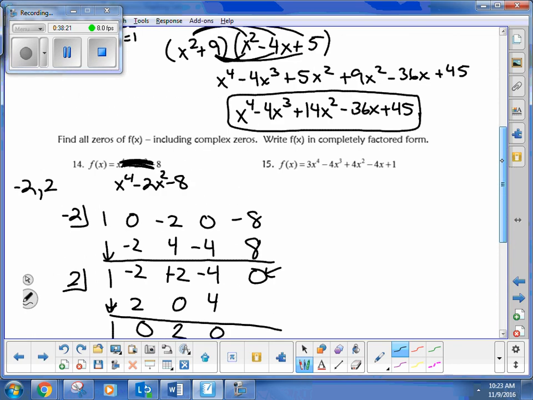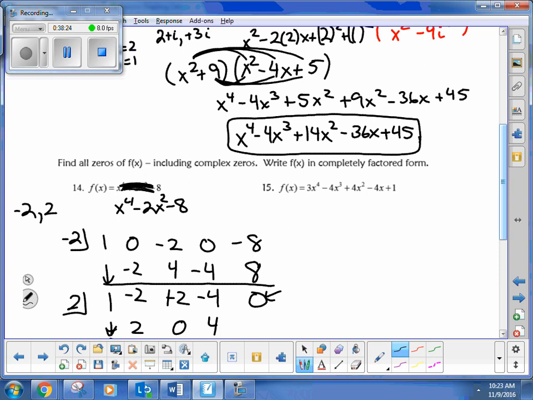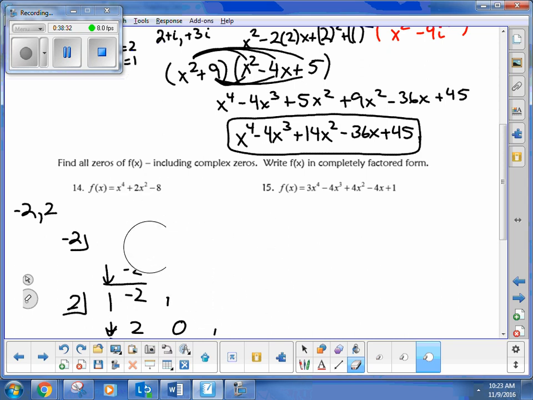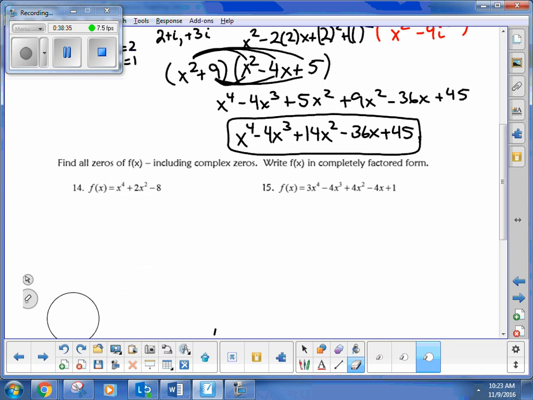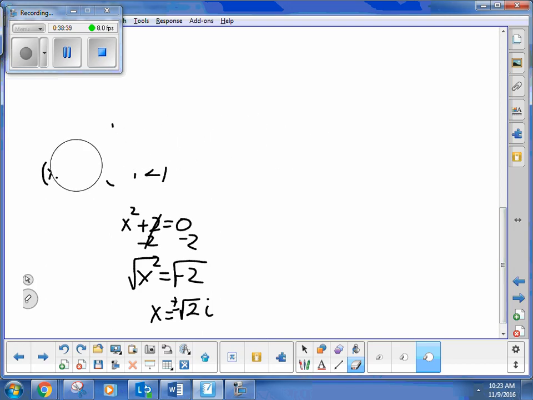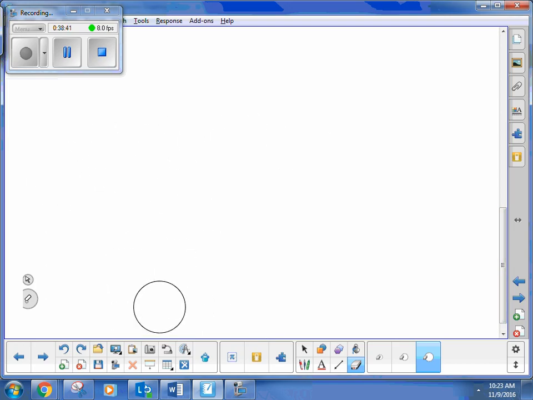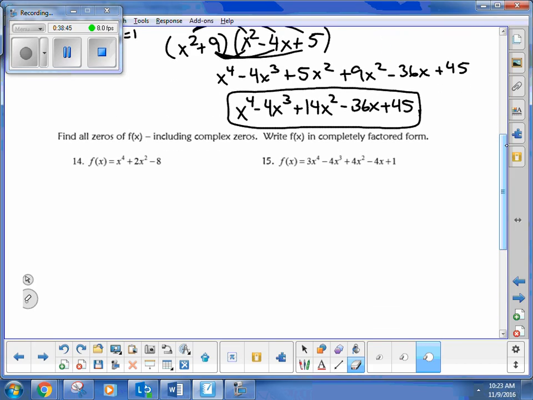Now let's move over to 15 and start solving this one. So when we solve 15, same thing. We have a polynomial that goes to the fourth. So one of the things we needed to discover is what the solution is to it by first examining how many are real and how many are complex.